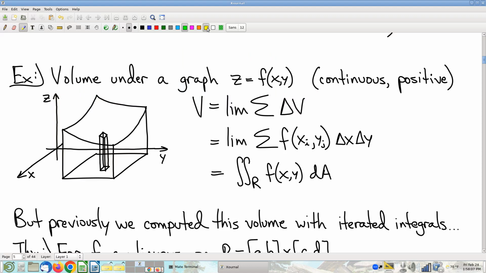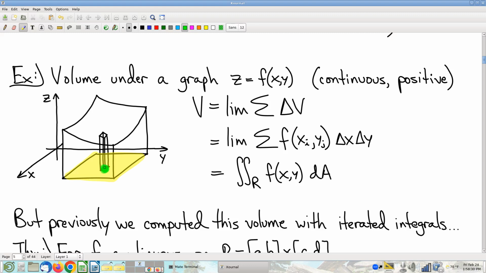Let's take our entire volume, and I'm going to view that as being something that's happening on this rectangle. Right, I have volume sitting over that entire rectangle. I'm going to focus my attention on just one sub-rectangle at a time.